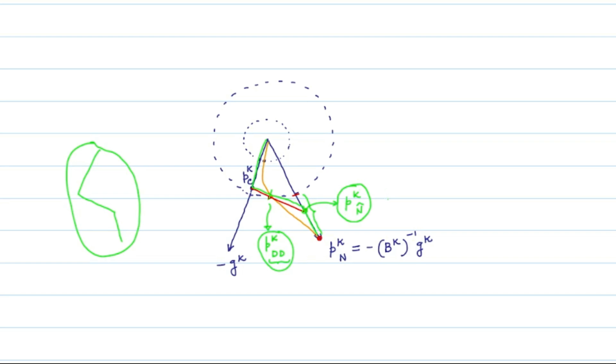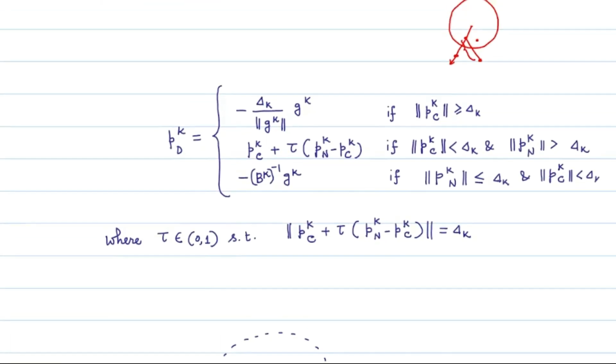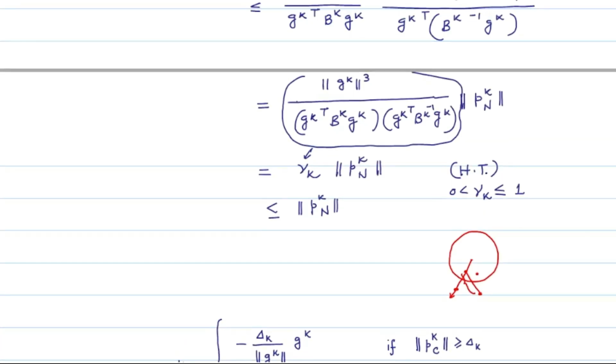This p_k^N cap can be chosen as gamma_k p_k^N. The gamma_k value is as computed over here, and it is between 0 and 1.